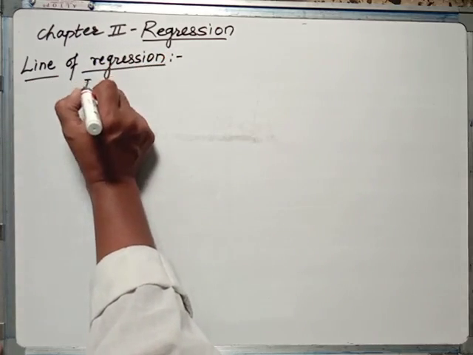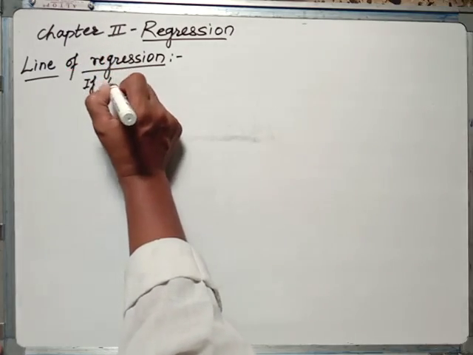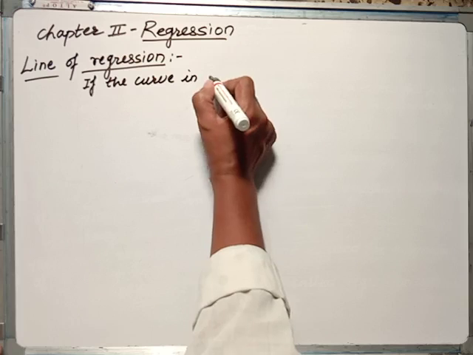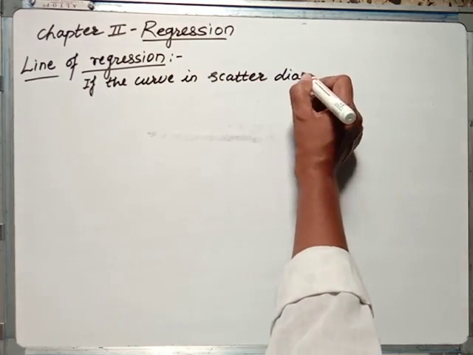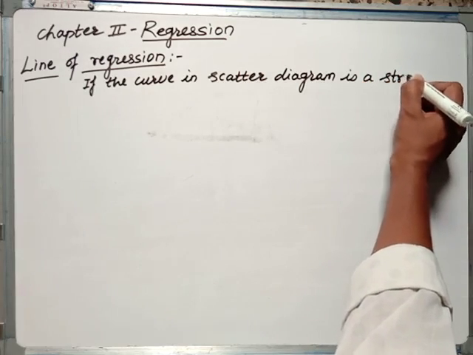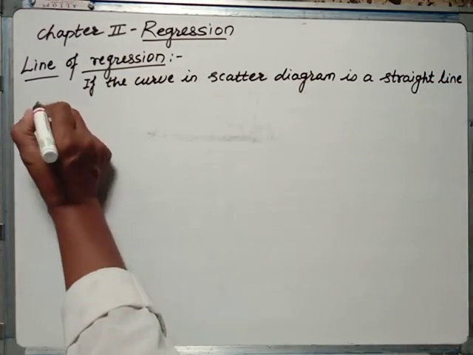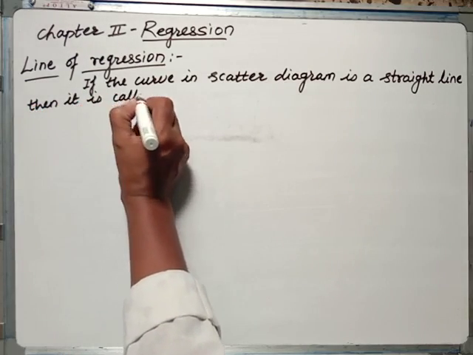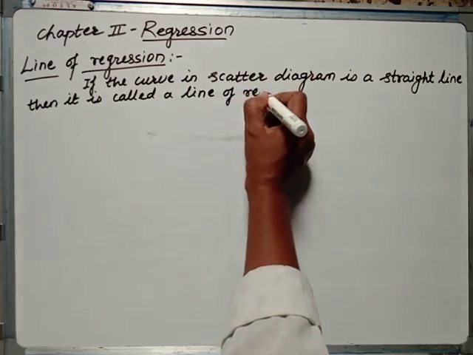Actually, if the curve in scatter diagram is a straight line, then it is called a line of regression.